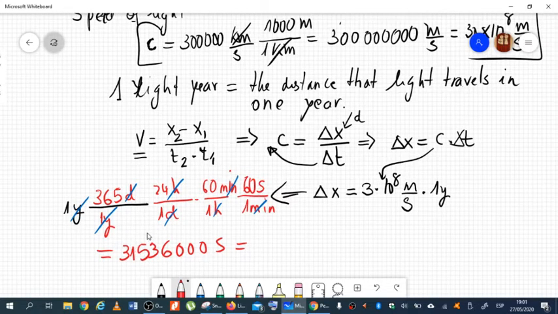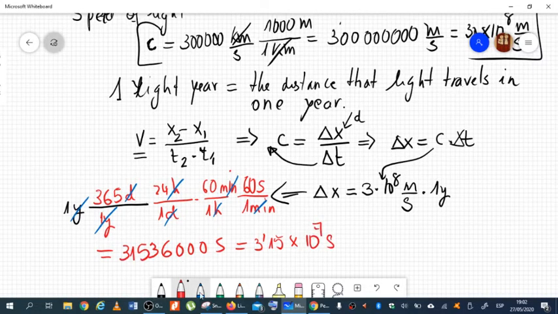You can use the calculator if you don't remember: number format, scientific notation, with 3 decimals. So it is approximately 3.15 times 10 to the power of 7 seconds. These are the same.